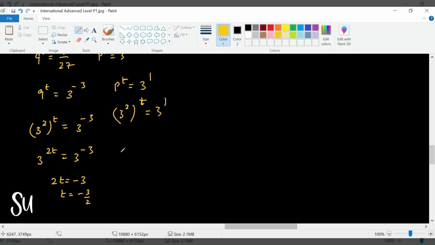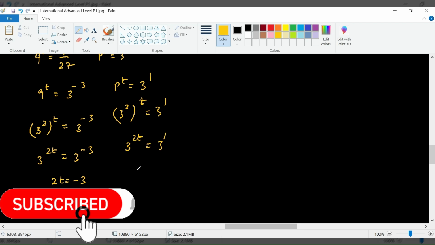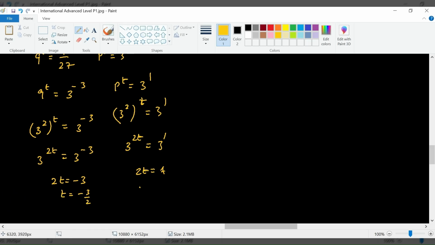So that means 3 to the power 2t is equal to 3 to the power 1, and that means 2t is equal to 1. That means t is equal to 1 over 2. So these are the two values we are looking for.